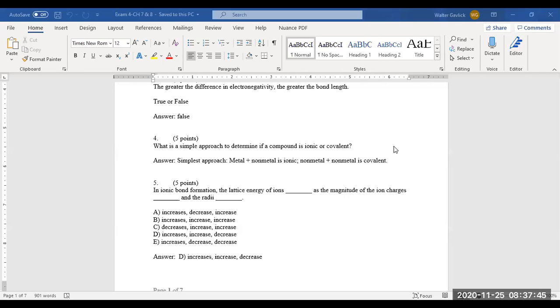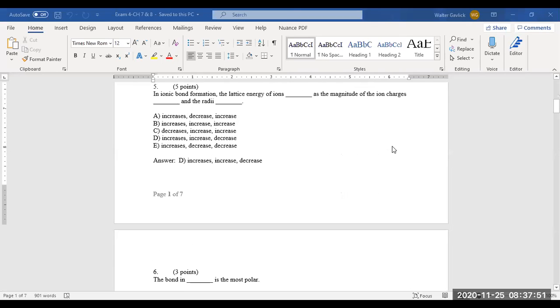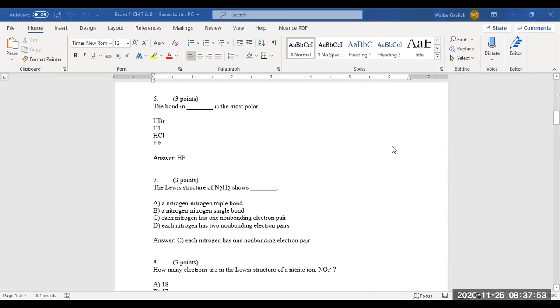So it was increase, increase, decrease. Number 6, which of these bonds is the most polar? The answer is HF. We remember that in electronegativity, the upper right-hand corner is the most electronegative.